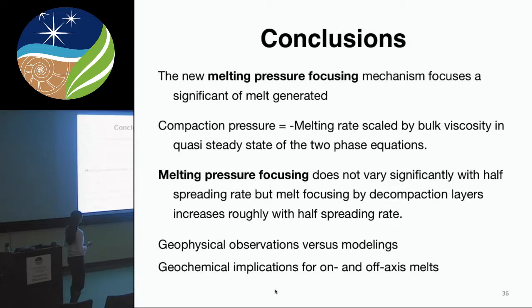And the melting pressure, ignore that line. I'm sorry, that's not right. And so with the geophysical observations, it's very important to try to reconcile the modeling efforts with both geophysical methods and geochemical observations. So hopefully we can do that at some point.